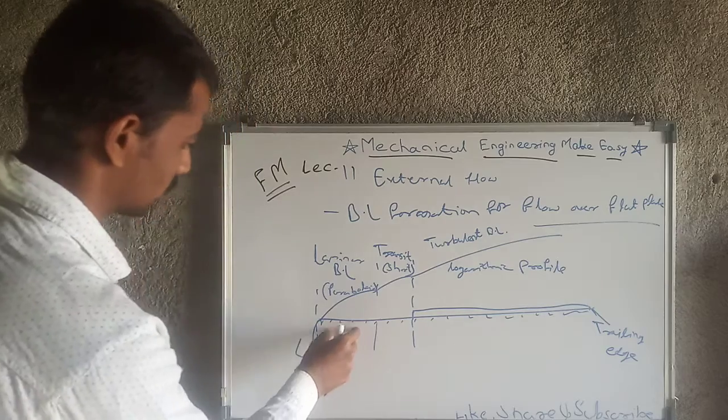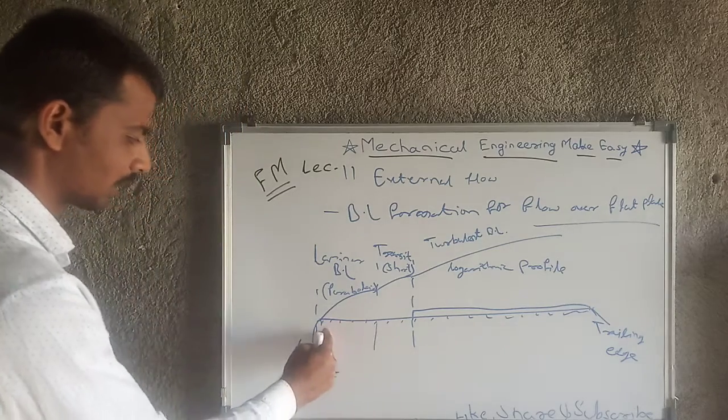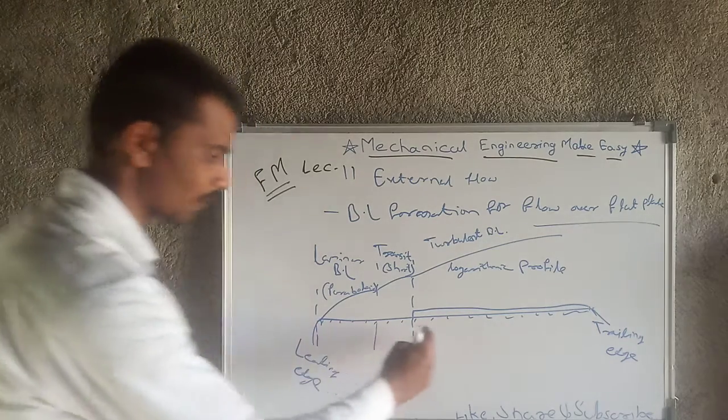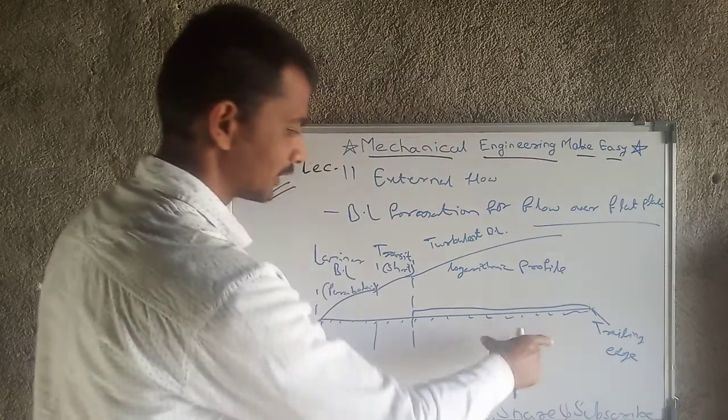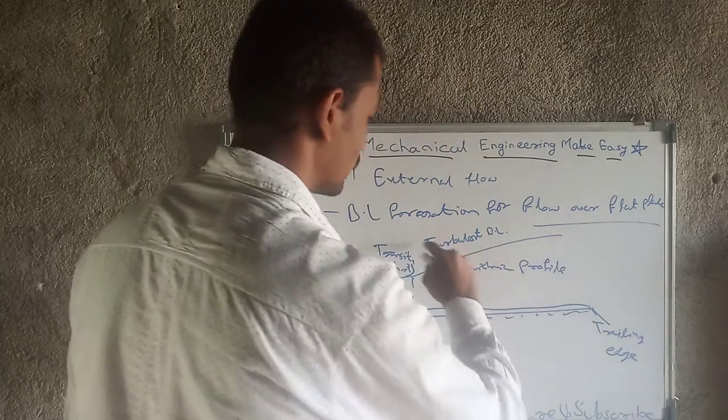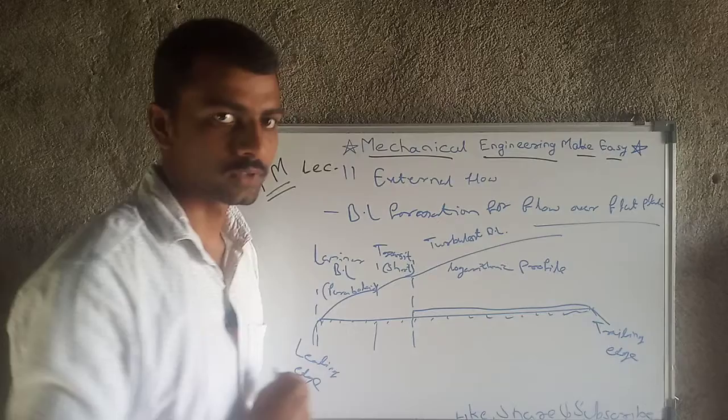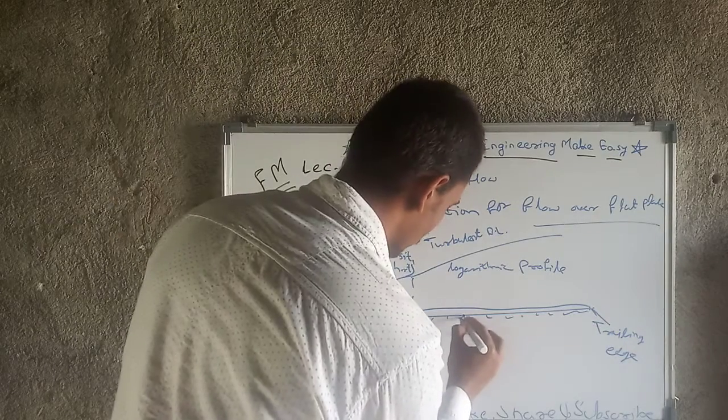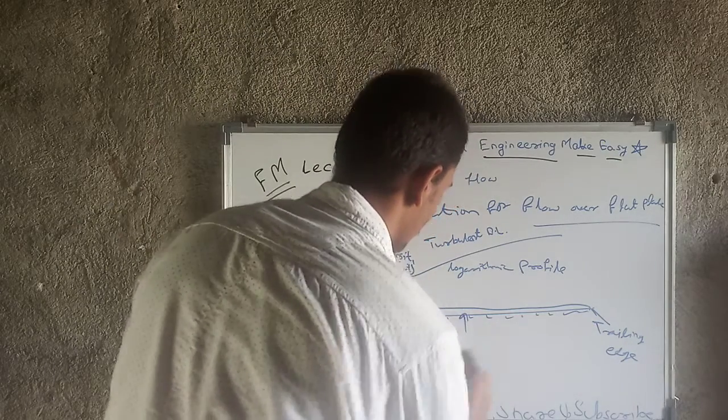These two layers will occur at the leading edge only, but after that, the whole remaining length of the plate will consist of the turbulent boundary layer. And this is the laminar sublayer.